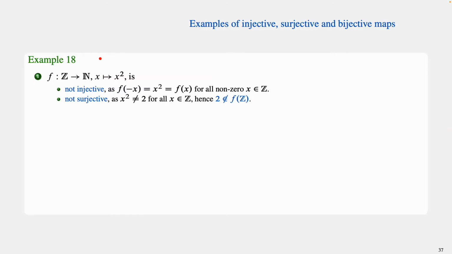Let's look at some examples. So first the integer quadratic function again, mapping the integers into the natural numbers by mapping x to x squared. This is not an injective map because if we take minus x in the integers, that maps to the same as x. So for all non-zero integers, we have two distinct values that map to the same output.